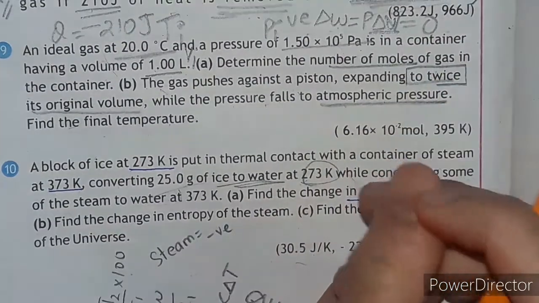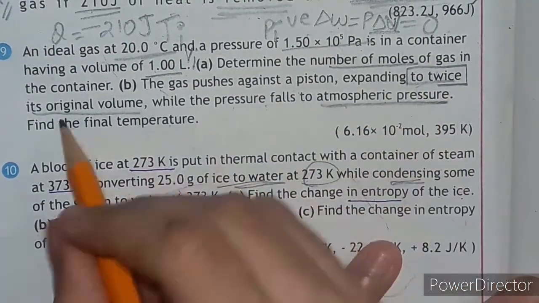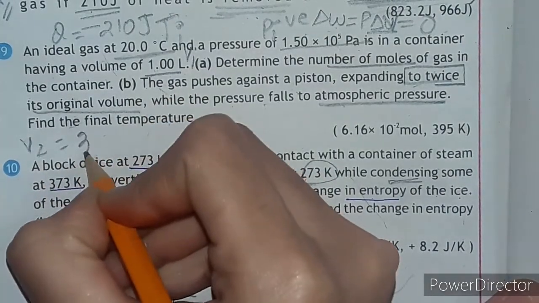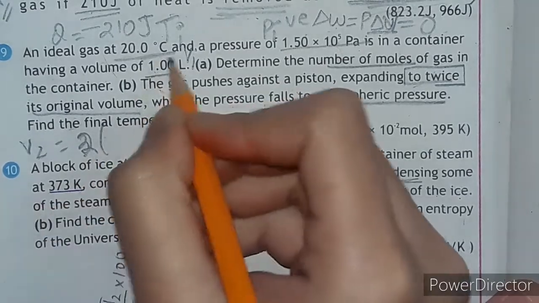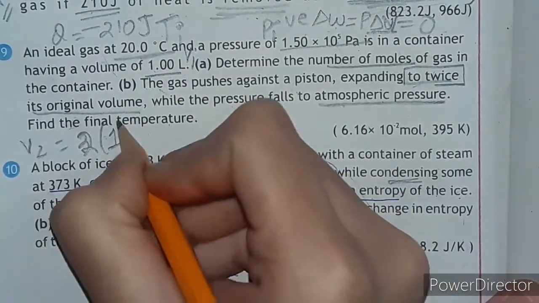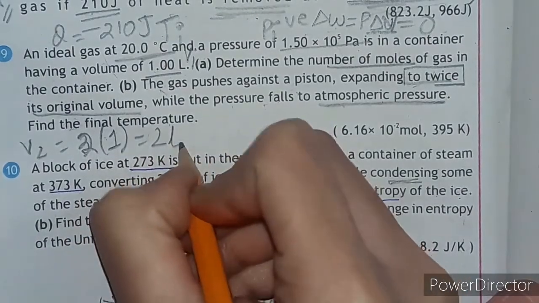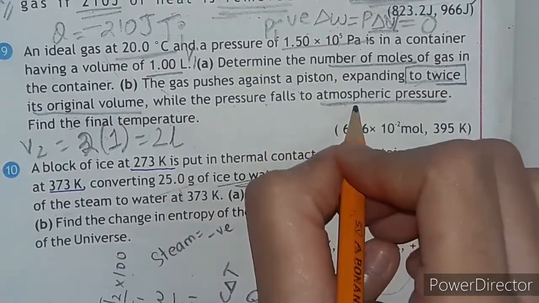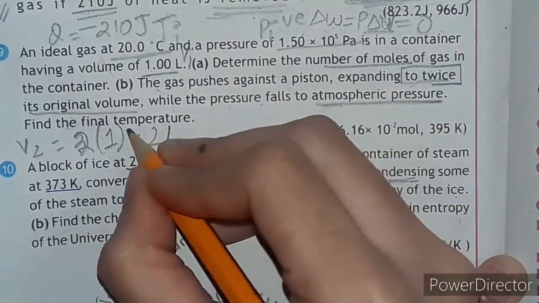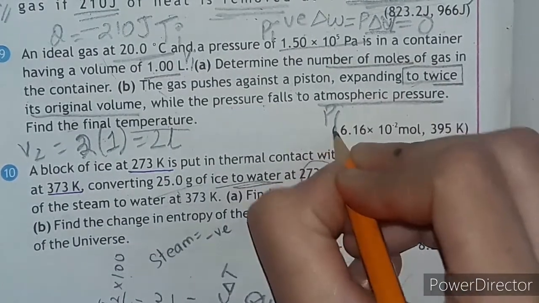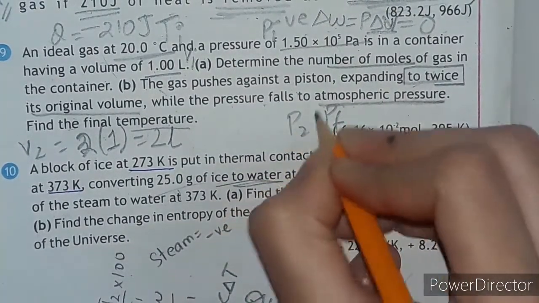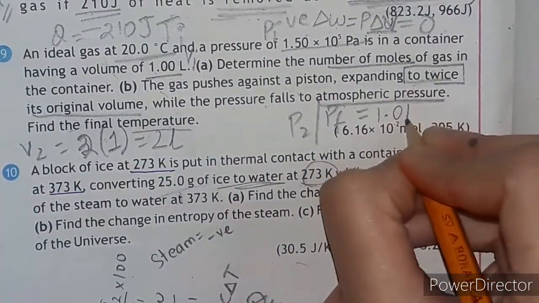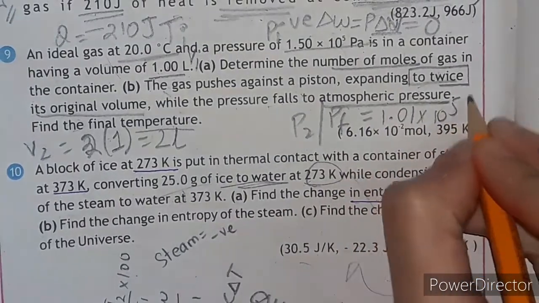In this question the volume becomes twice its original volume, so V2 would be 2 multiplied by 1, which is 2 liter. Then the pressure falls to atmospheric pressure, and we have to find the final temperature. Pf, or final pressure, or P2, is equal to atmospheric pressure, which value is 1.01 10 to the power 5 Pascal.